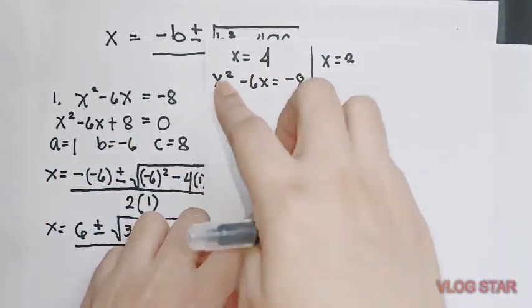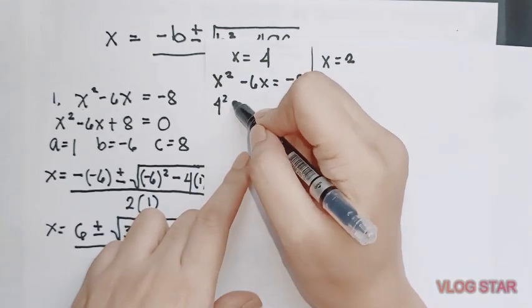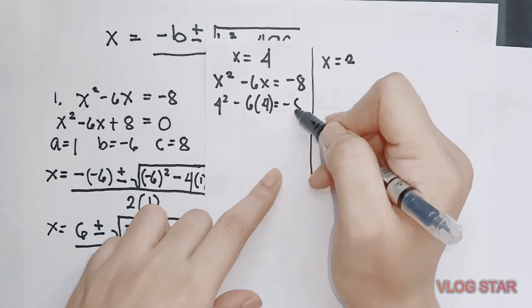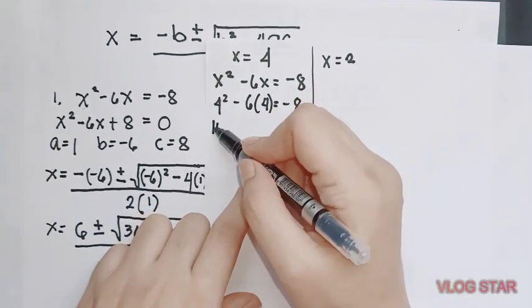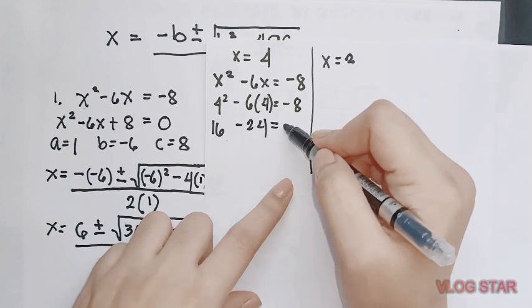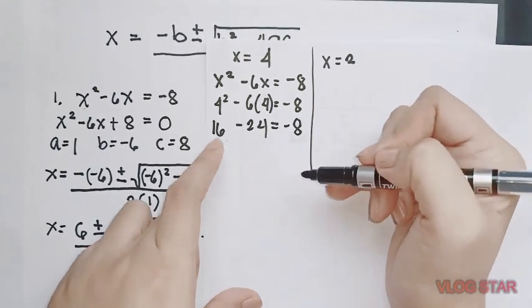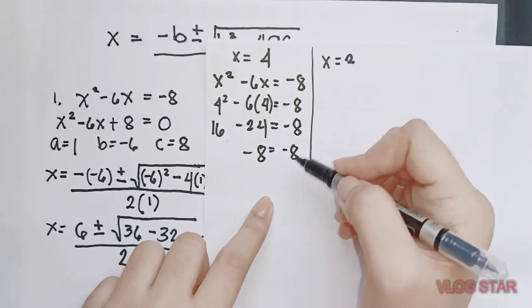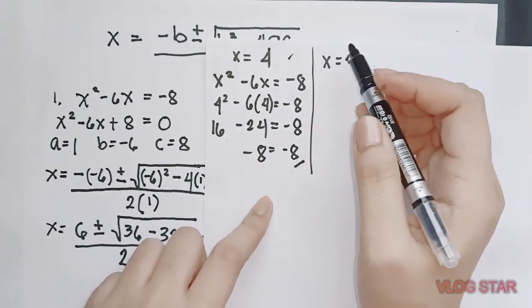Substitute 4 for x. We're going to have 4 squared minus 6 times 4. Is it equal to negative 8? 4 squared is 16. Negative 6 times 4 is negative 24. 16 minus 24 is negative 8, which is equal to negative 8. Therefore, the answer is correct.